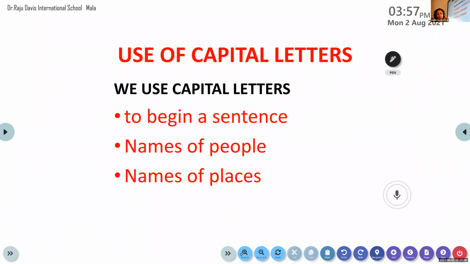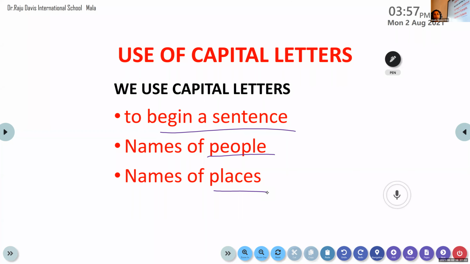The same for names of people, places, things, animals, and special names. So I repeat it once more: capital letters are used not only when we begin a sentence, but also for special names of people and places.